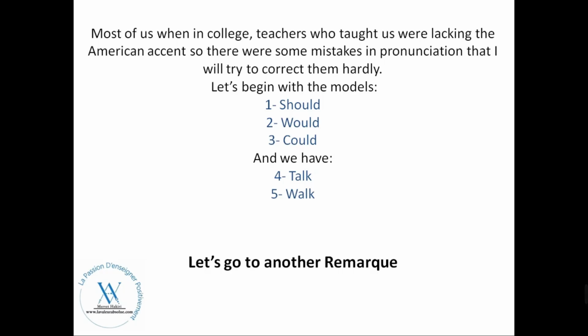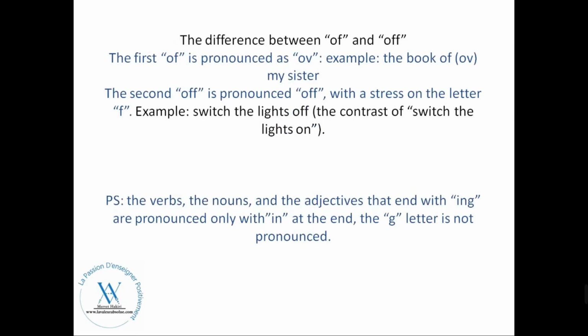Okay. Now I am going to take you to another remark, and I'm going to teach you the difference between "of" and "off". The first "of" is pronounced as "of". Here I wrote the word for you to know how it is pronounced.